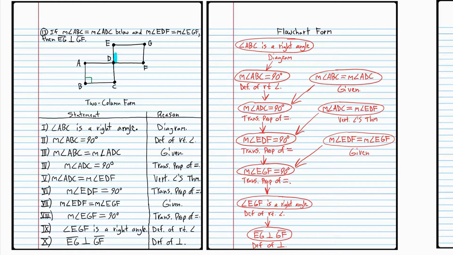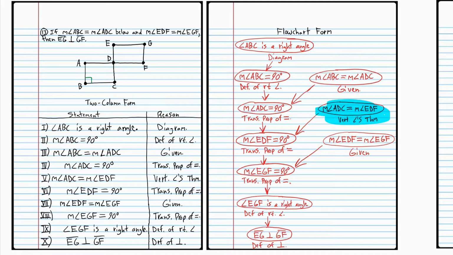But we know that this angle is congruent to this angle because you see we have two line segments that are crossing each other, which means that there are vertical angles. All the vertical angles must be congruent. This angle must be congruent to this angle. Those are two vertical angles. And there's this angle and this angle, which we don't really care about, but they must be congruent also. But that's what this information tells us.